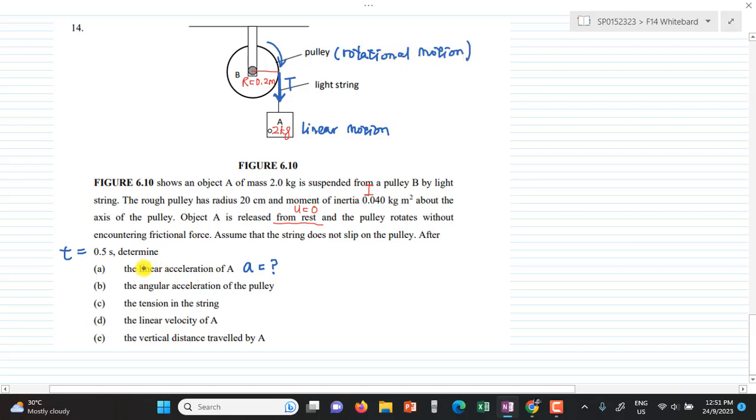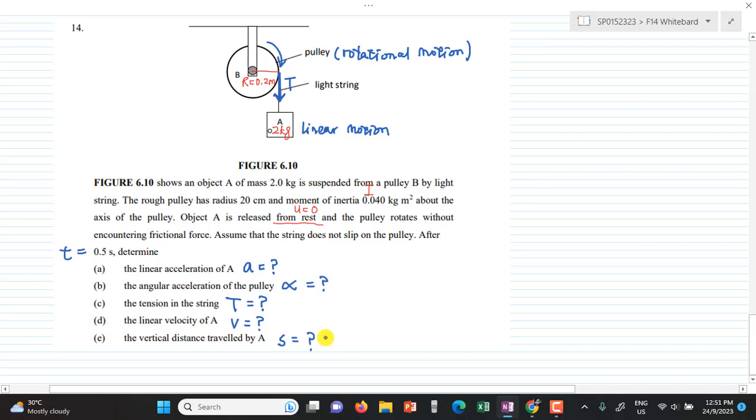We also want to find the angular acceleration alpha of the pulley, because it's performing rotational motion. The tension in the string. The linear velocity of object A, meaning the final velocity after time 0.5 seconds. And the vertical distance traveled by A, meaning the linear displacement of object A.